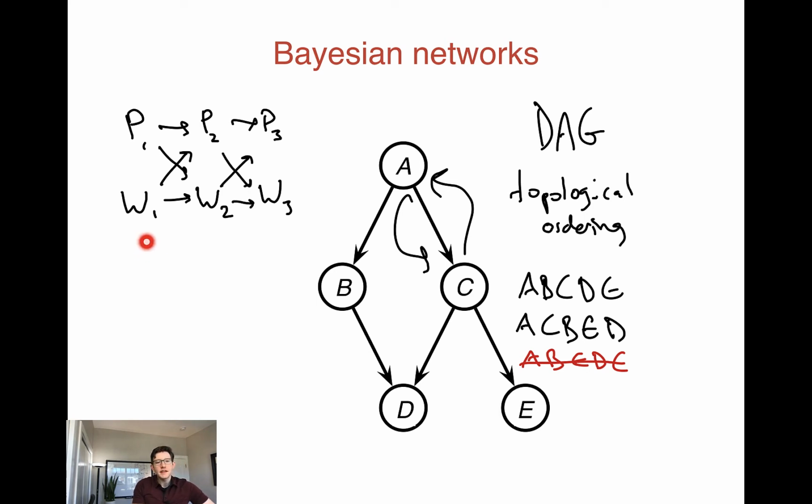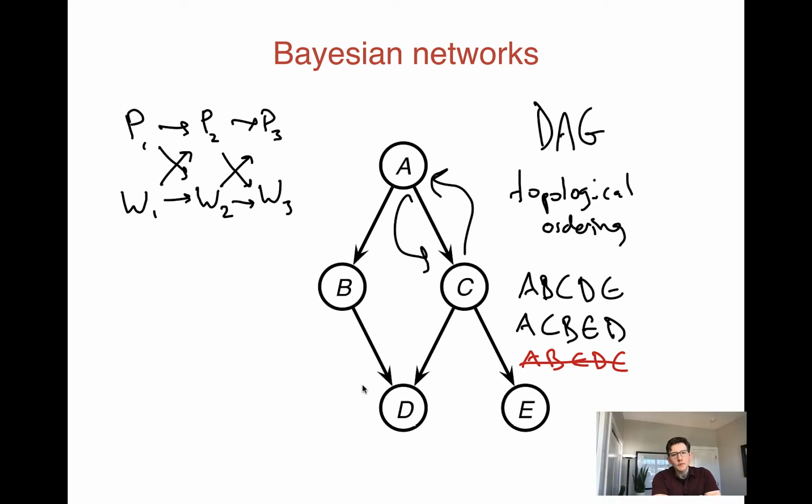But now notice that this network does not have directed cycles. So this is a valid Bayesian network. So that's just one thing to remember, that Bayesian networks must always be directed acyclic graphs. If you have something that you think is a feedback loop, it's probably a feedback loop over time rather than somehow simultaneously.